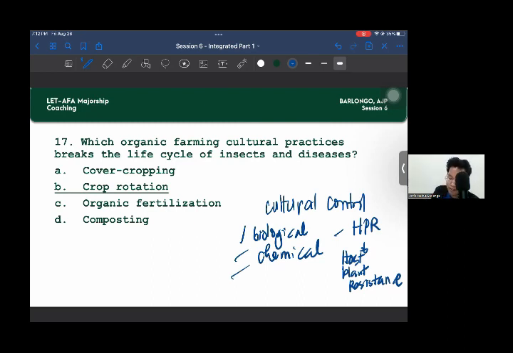Another is, of course, physical control, mechanical control. Ito yung weeding, ganyan. Pag tatanggalin mo mismo yung weed o kaya tatanggalin mo mismo yung mga insekto, ganun. We also have, of course, biotechnological approach. Pag biotechnological approach, ito na yung paggamit ng ating mga genetically modified organisms like for example, the BT corn.